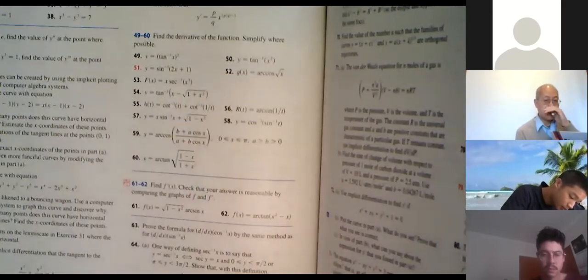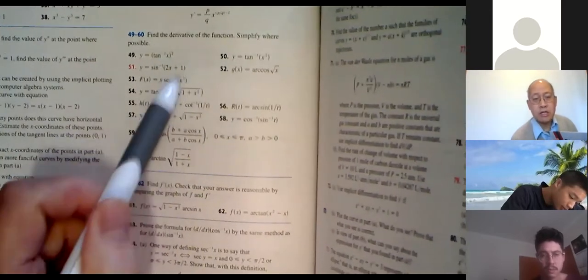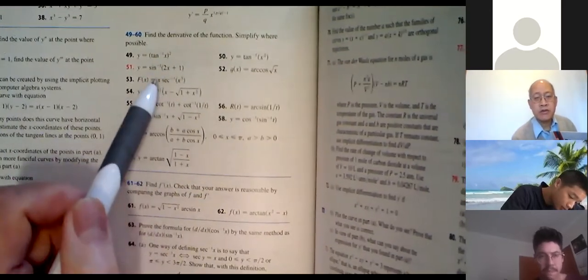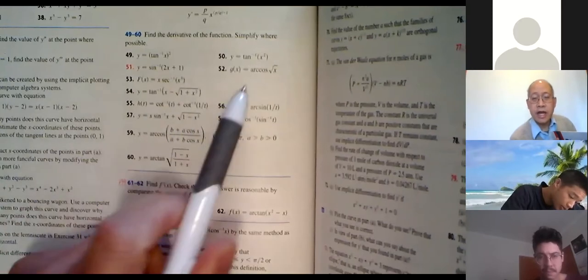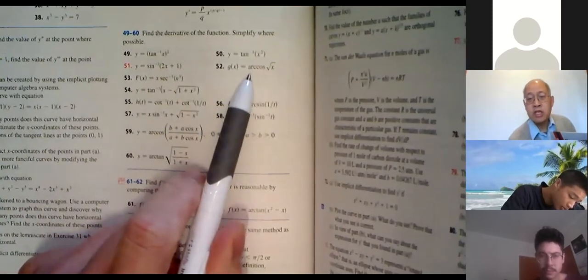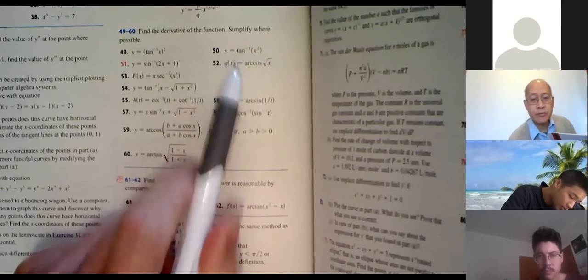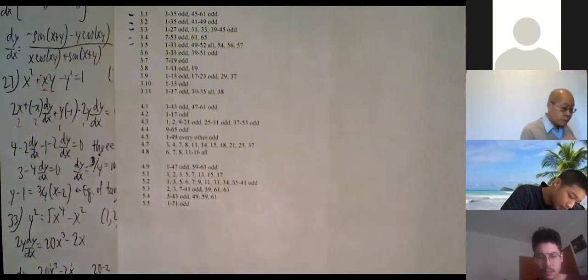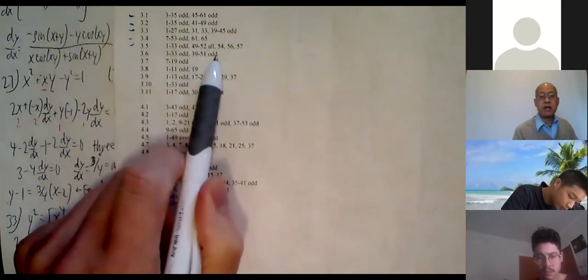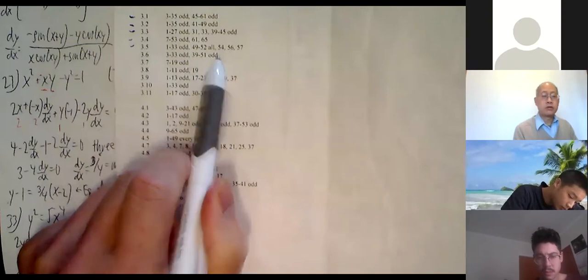So out of all of these inverse trig functions, I wanted to make sure I was only doing inverse tangent, inverse sine, and inverse cosine. And again, arc means the same thing. So if you see arc cosine, that's the same as inverse cosine. Arc tangent, inverse tangent, right? So that's the reason why the assignment looks so funny.